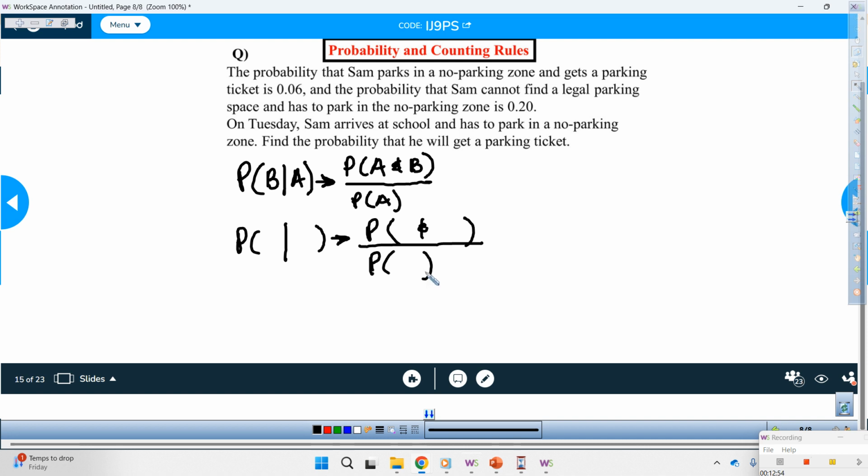And in order to set up our formula, we need to look for keywords. One keyword we said was the word given. Is that correct?